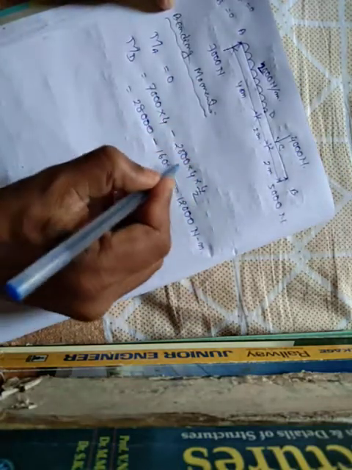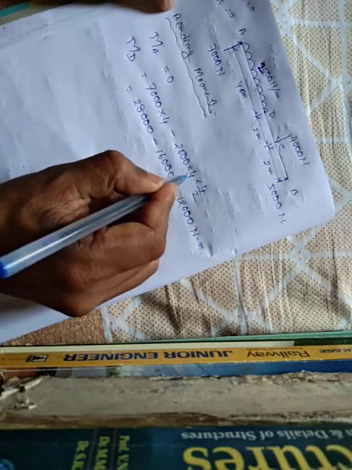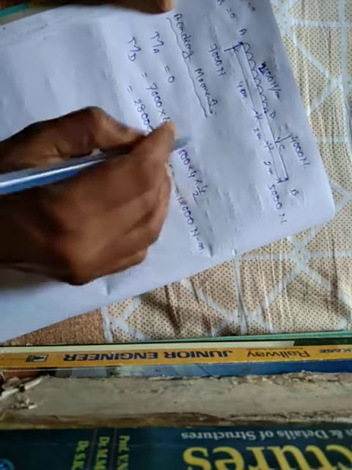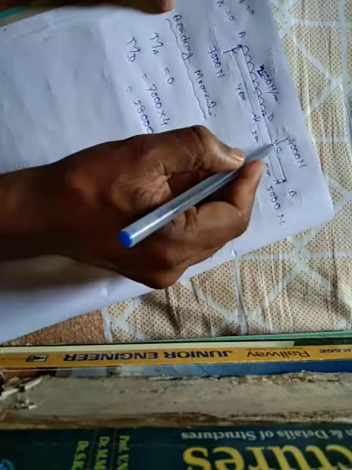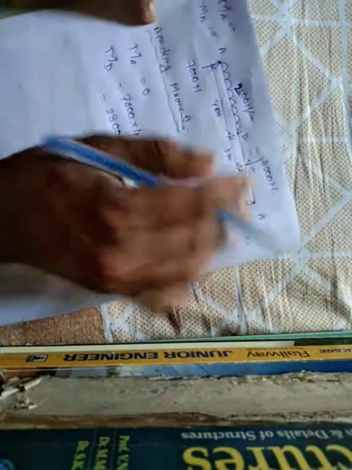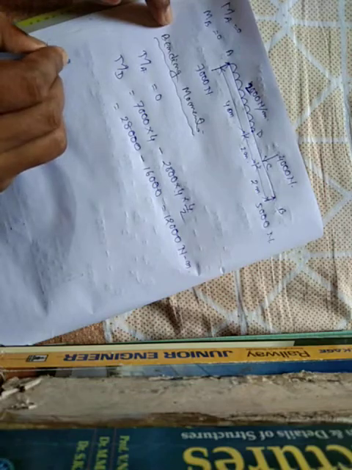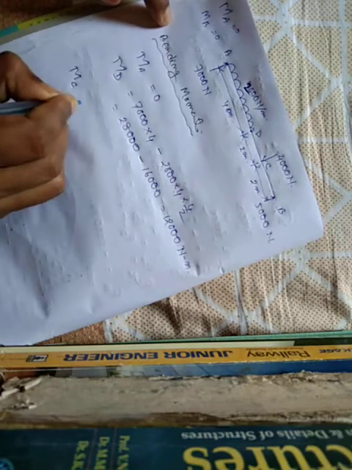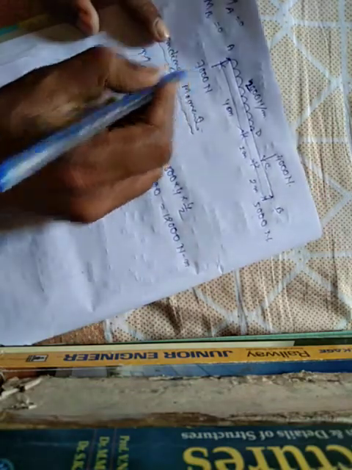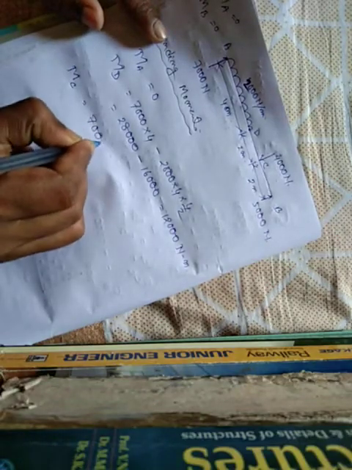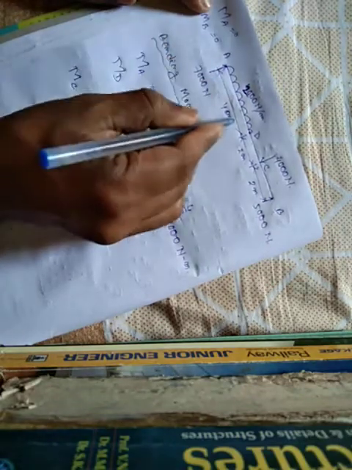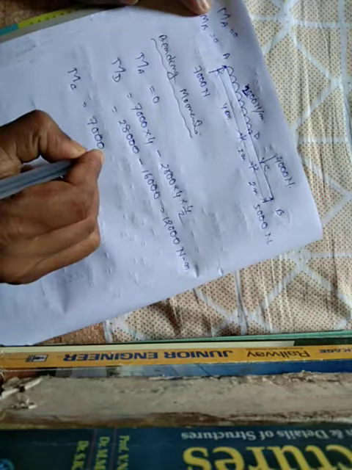This is the parabolic shape, the parabolic equation. Now find out the bending moment at point C. Bending moment at point C is equal to 7000 into perpendicular distance 4 plus 2, that is 6.